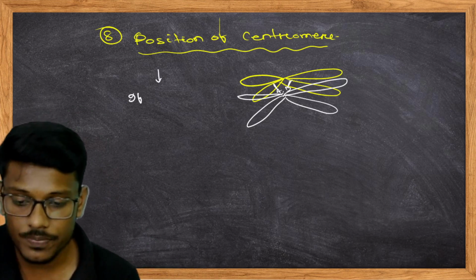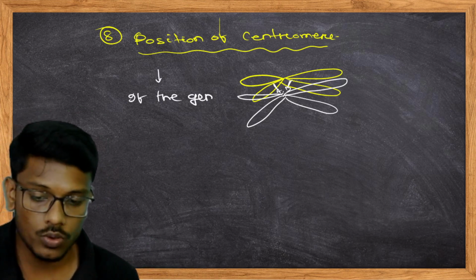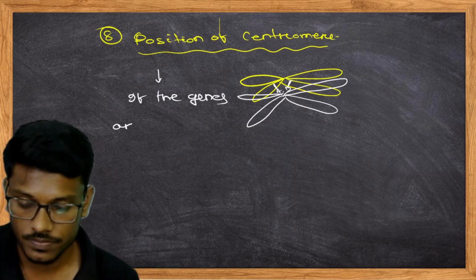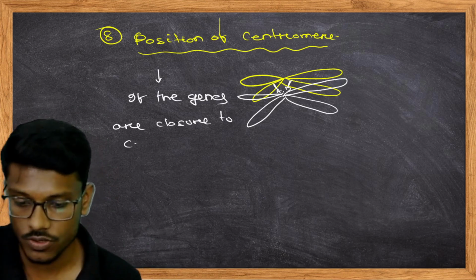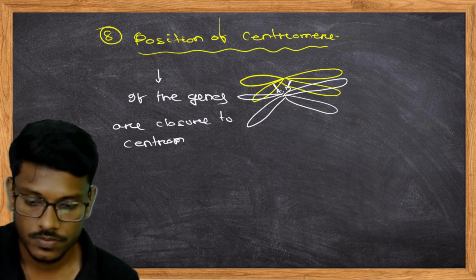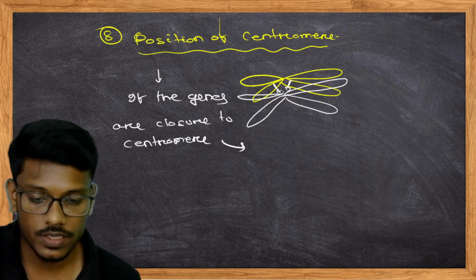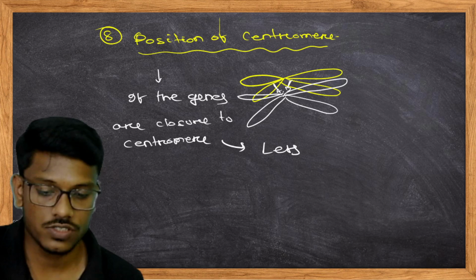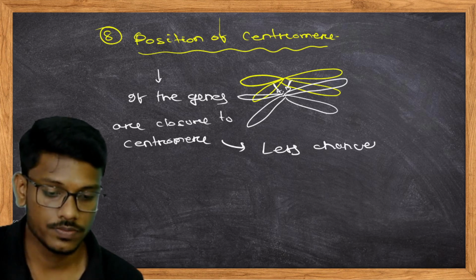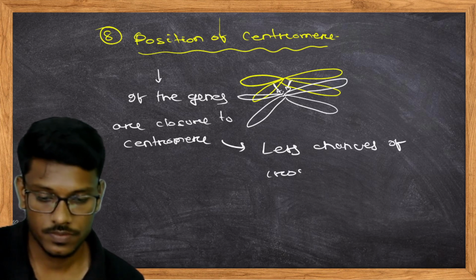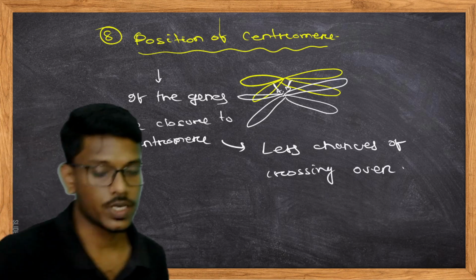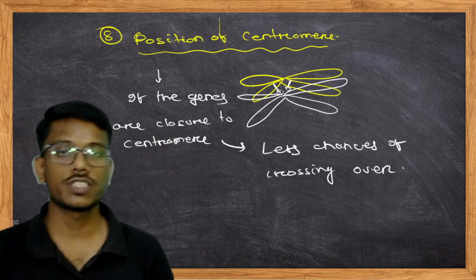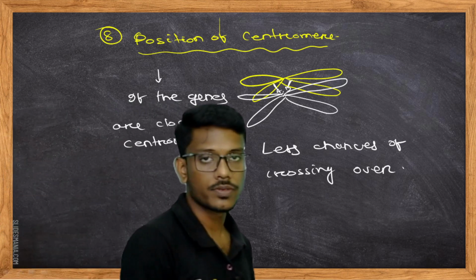So if the genes are closer to the centromere, then there will be less chances of crossing over. Okay, so these are the factors which affect the process of crossing over.